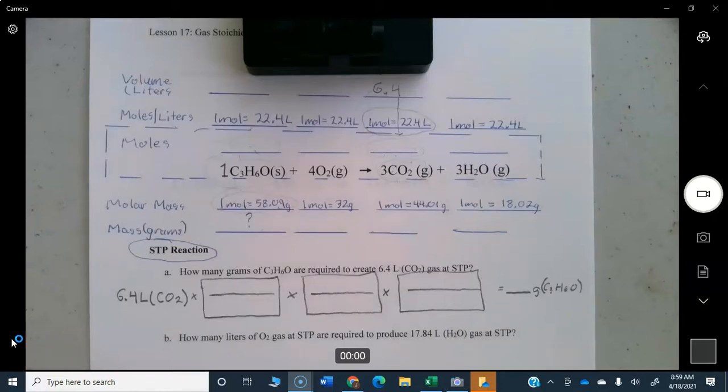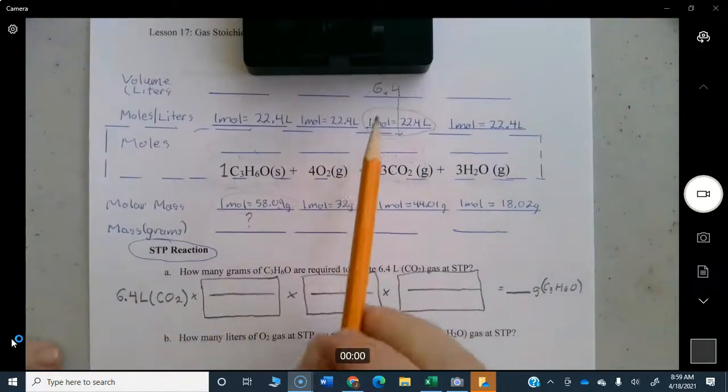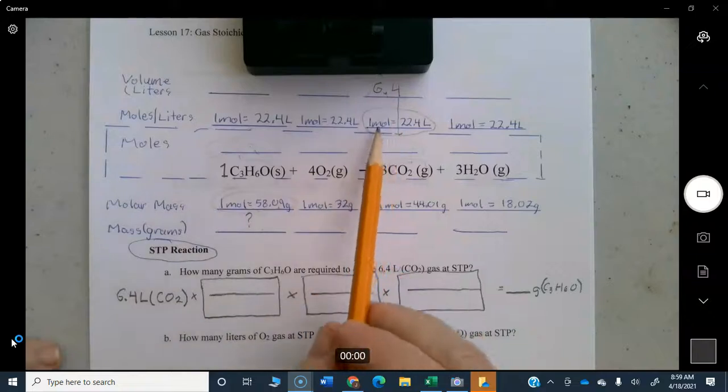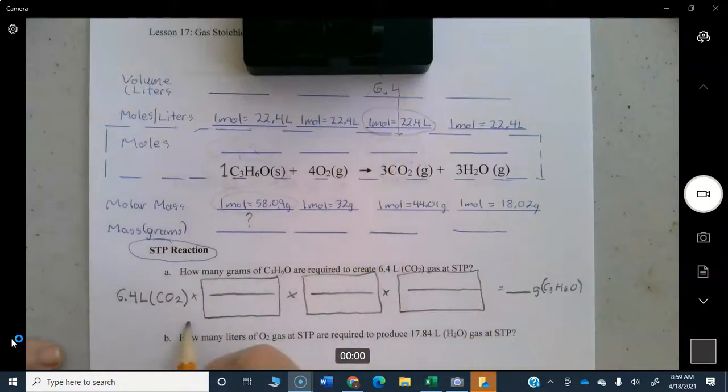Just write the conversion down below each one. So the first conversion we need is going from here to here. That's this one right here. So it's 1 mole. Go ahead and add the substance now, CO2 equals 22.4 liters. Which one goes on the bottom? Which one is going to make this cancel out? This liters of CO2 does not appear in our final answer.